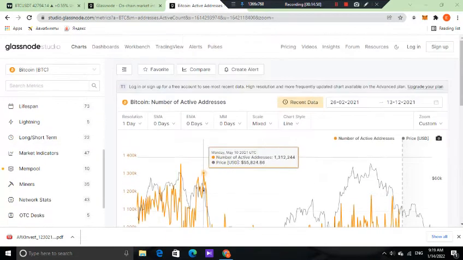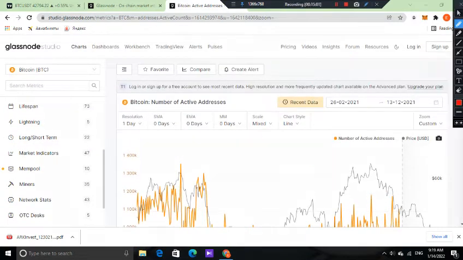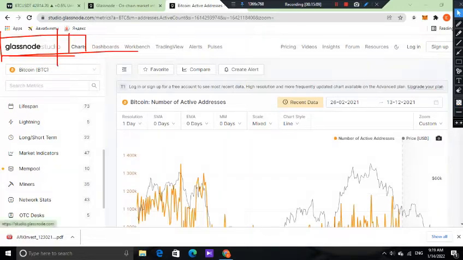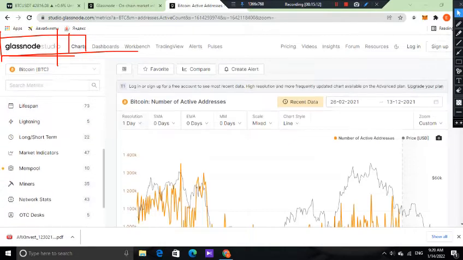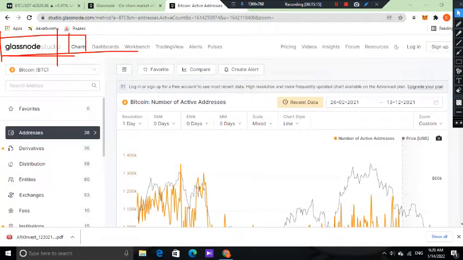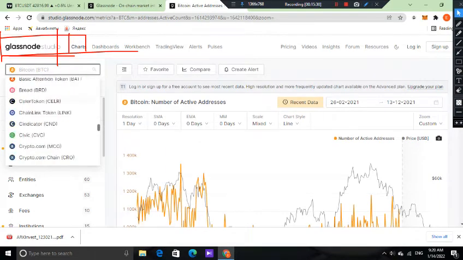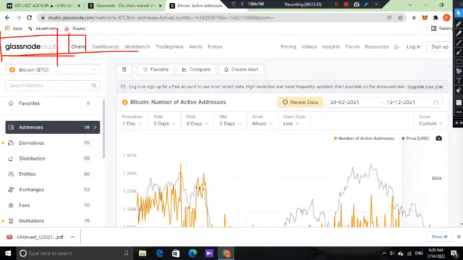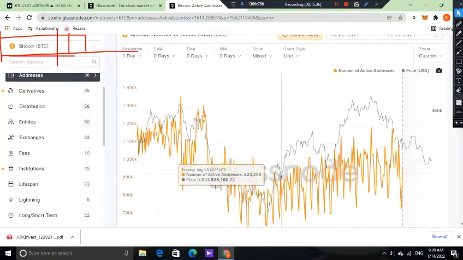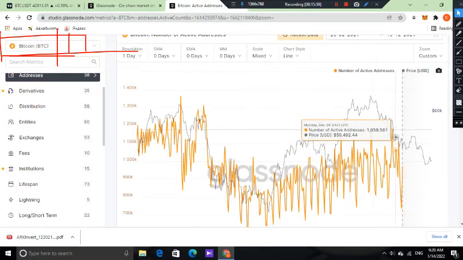Here on this website, you can check out unchained data, but you have to pay some money to use all of its features. Glassnode, it's a popular and known website between traders and the cryptocurrency and Bitcoin community, and you can choose the crypto you want and its addresses, for example the number of active addresses, like this.